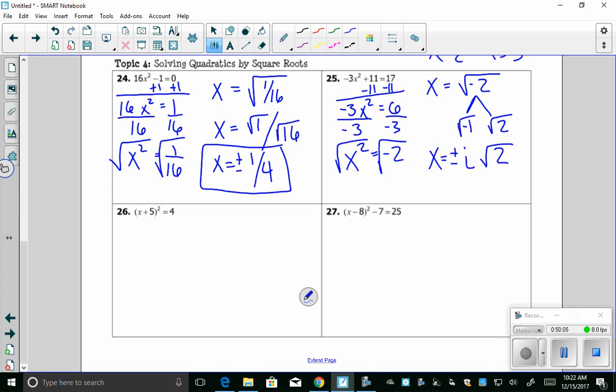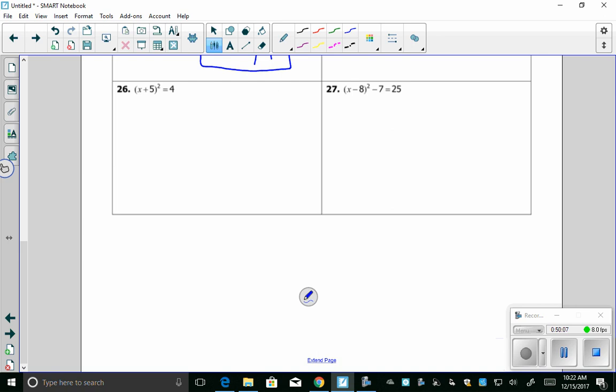26 is a little bit different, okay? Just a little bit different. Because we have two numbers being squared, this is how I would solve 26. First, I still want to isolate the square, and 26 is already isolated. Go ahead and take the square root of both sides so that my square root and square cancel out.